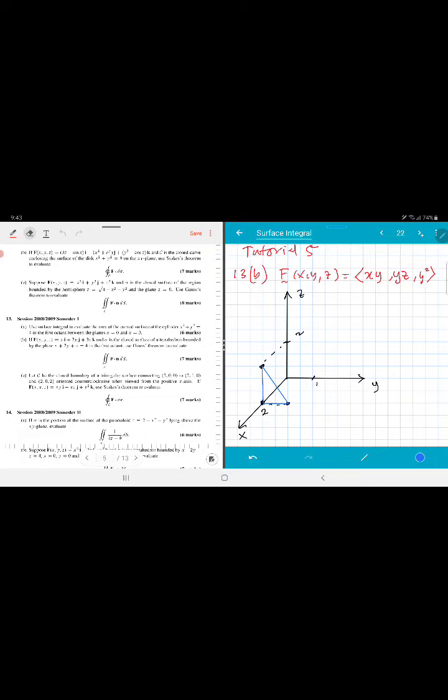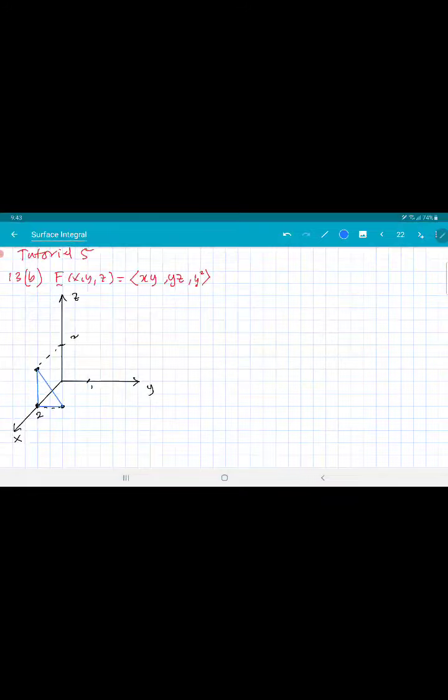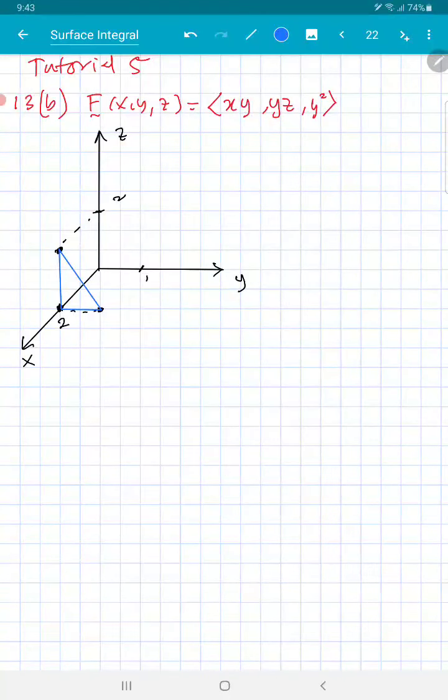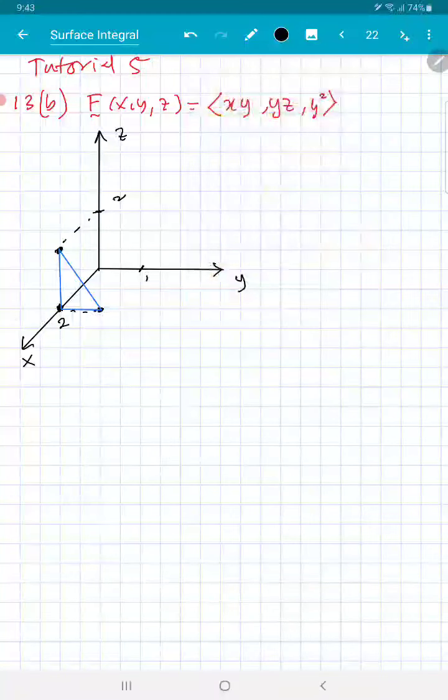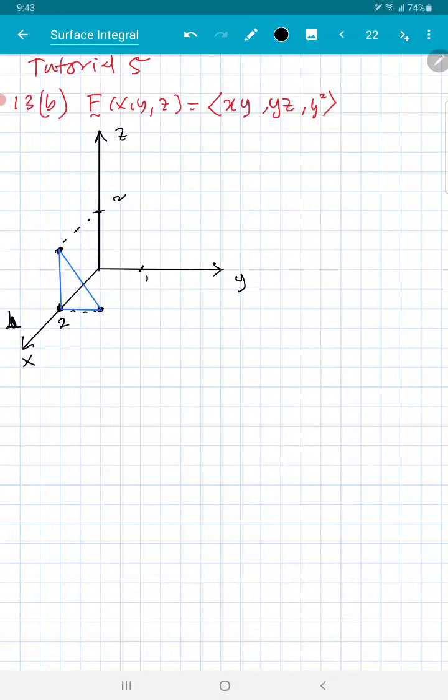Let's say you are here and looking from the positive x-axis, and the direction of the closed curve is anti-clockwise like that. That is the orientation of the closed curve.